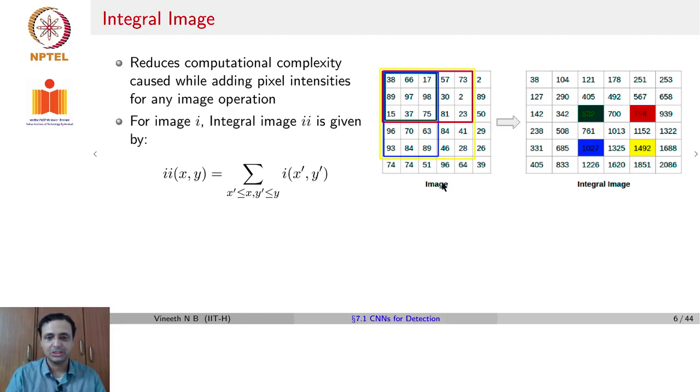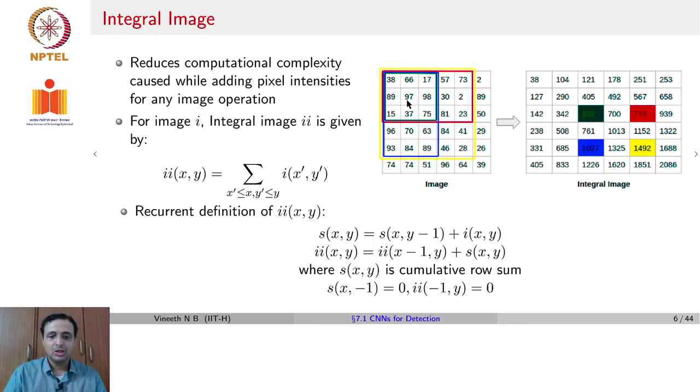So given this kind of an image, the integral image would look like this. You can see that, for example, in the 2x2 window, 290 is the value given, and 290 is given by 38 plus 66 plus 89 plus 97, and so on and so forth. The recurrent definition for an integral image would be given by S of x,y is equal to S of x,y minus 1, the above column, plus I of x,y, which is the current pixel location, and the integral image at x,y would be S of x,y plus the integral image at x minus 1,y.